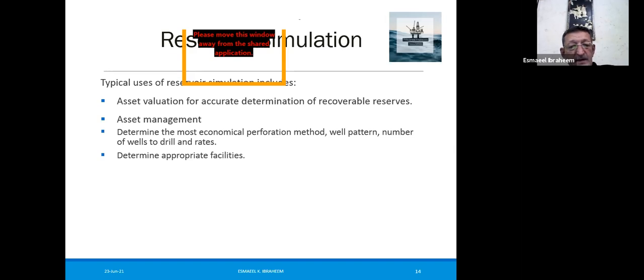Typical uses of reservoir simulation include assessment, valuation, or accurate determination of recoverable reserves.